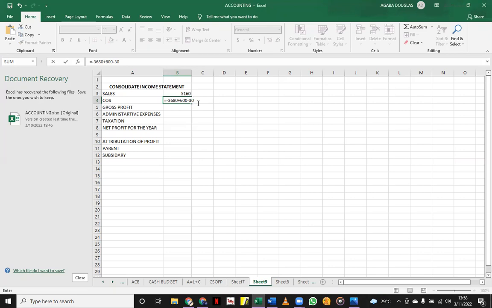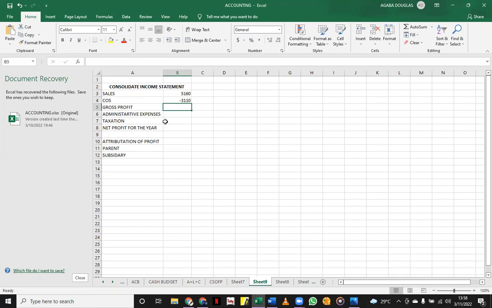And if I put a negative again, then we will not have a deduction of the sales. But in real life, or if you're using a calculator, you can set 3680 minus 600, then you add the 300. But because I'm using Excel formulas, they cannot allow me to do that. So I will simply do this and we will get our cost of sales.